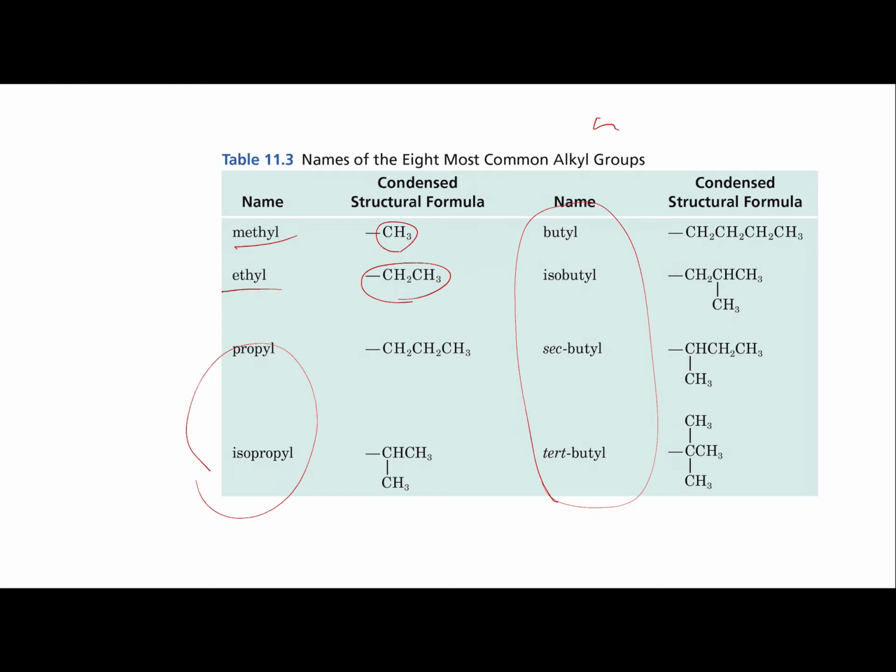Now, there isn't a constitutional isomer between propyl and isopropyl. These are just 3 carbons in a row. But because we can attach it to the parent chain at either the end of our 3 carbons in a row or the middle of our 3 carbons in a row, we can get 2 different propyl groups.